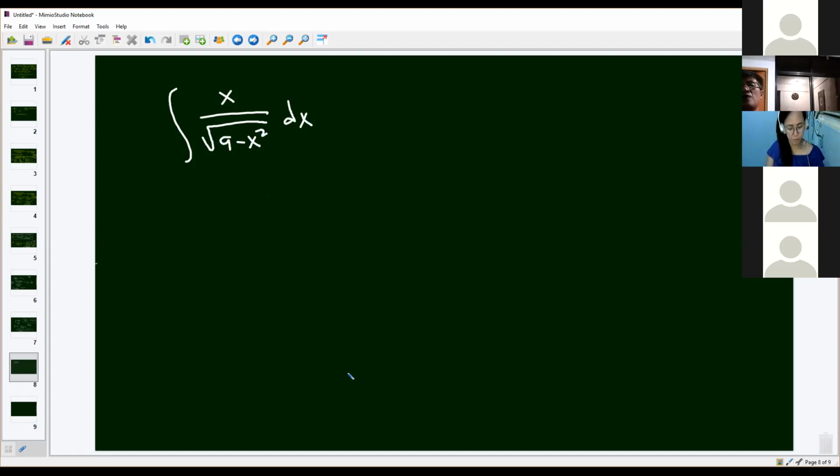If that's the problem, how would you do it? Let u be equal to 9 minus x squared. Go ahead, you solve. More practice. It's quick. So if that's the given, what's the answer?